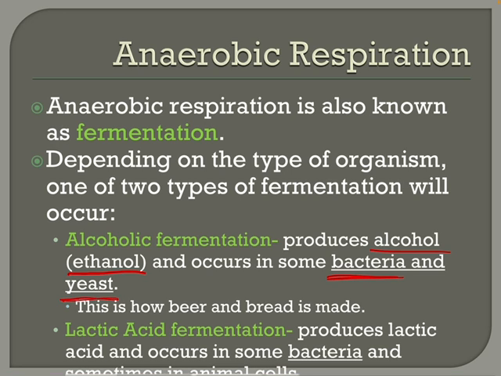Okay? They're able to do alcoholic fermentation. Lactic acid fermentation is where lactic acid gets created. This also happens in bacteria, and also, I know that this is cut off, animal cells. So this is where humans and animals can create, can ferment, right?